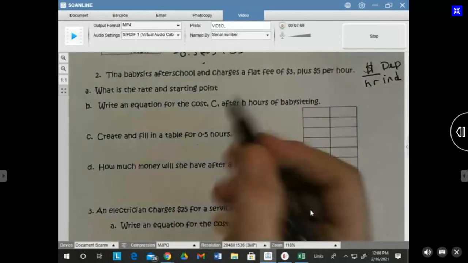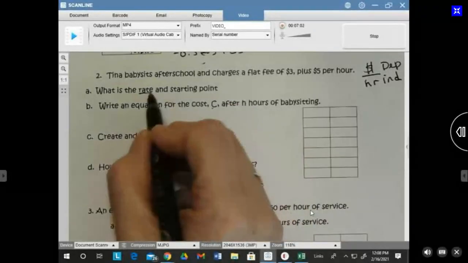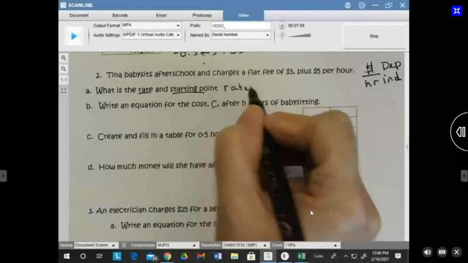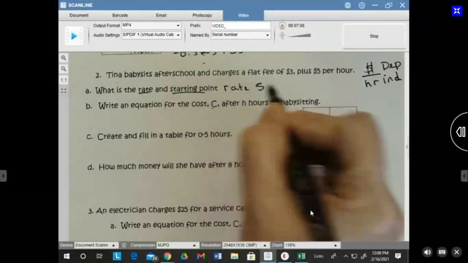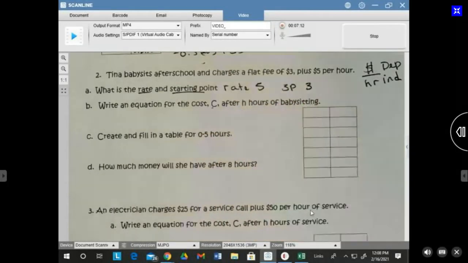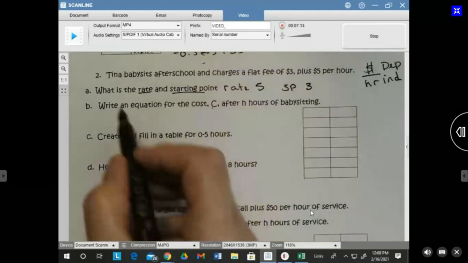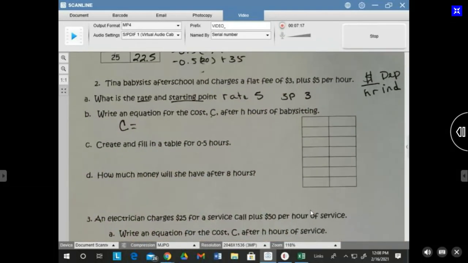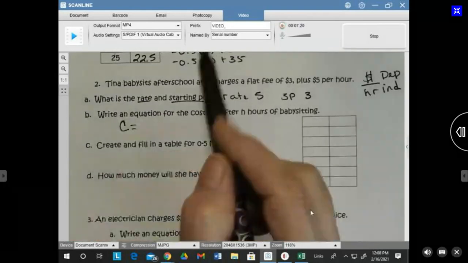So dollars is going to be, what is my rate and my starting point? Rate is how much every hour? And starting point. So what's my equation for cost? What is she going to charge me? I need that equation.